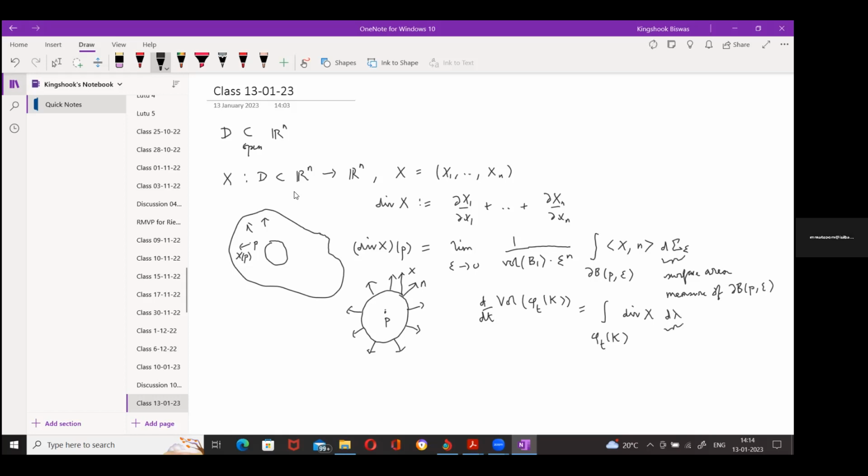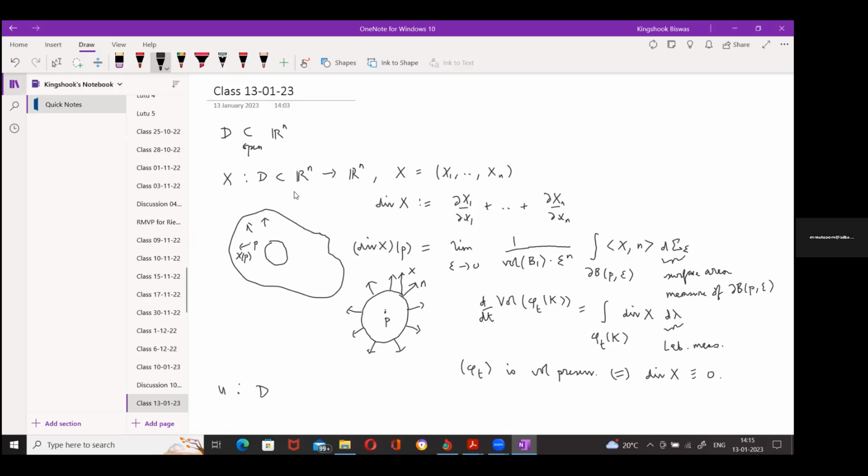So this d lambda is Lebesgue measure. So in higher dimensions also, the flow phi t is volume preserving if and only if the divergence of X is identically 0.